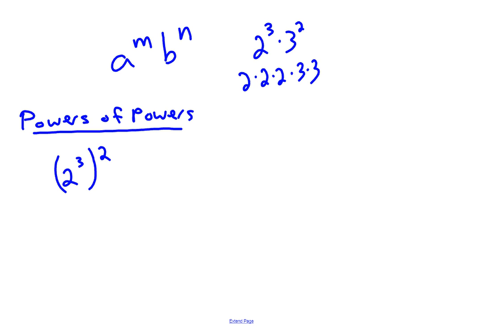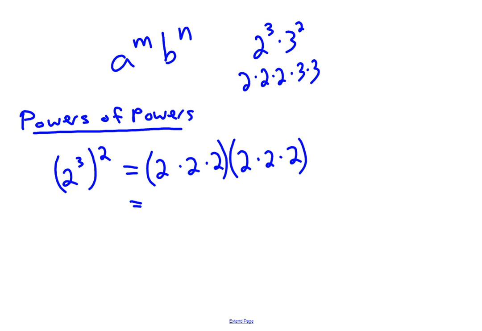So exponents to exponents. Remember that 2 cubed looks like this, 2 times 2 times 2, and if we square that, that's the same as creating another group of 2 times 2 times 2. Well, we count up our 2's, 1, 2, 3, 4, 5, and 6. So we get 2 to the 6.